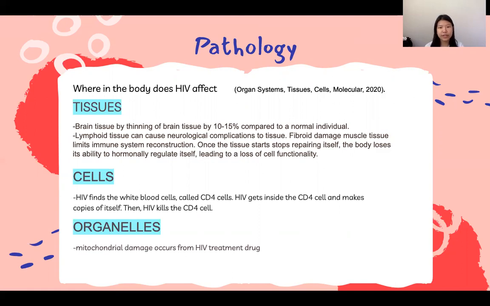The lymphoid tissues can cause neurological complications, and it can damage muscle tissues, which stops the muscle from repairing itself, and the body loses its ability to hormonally regulate itself, and can lead to loss of cells. HIV finds a white blood cell called CD4 cells, and HIV gets inside CD4 cells and copies itself and kills the good cells.